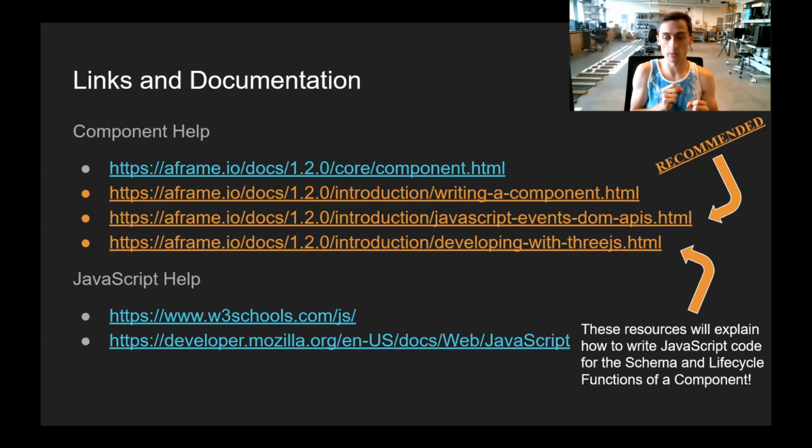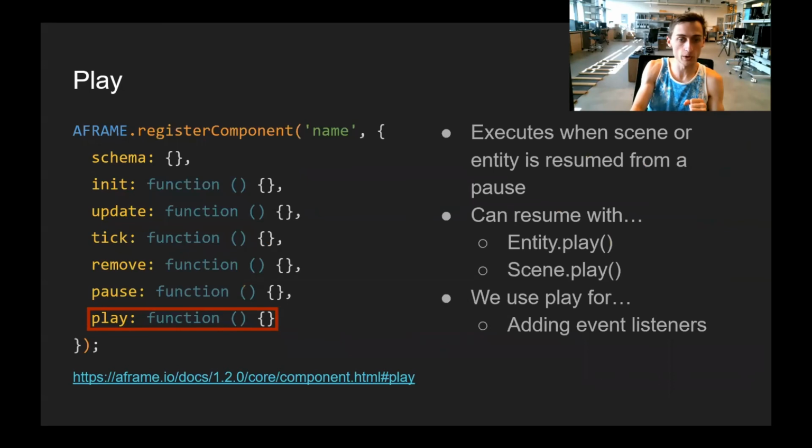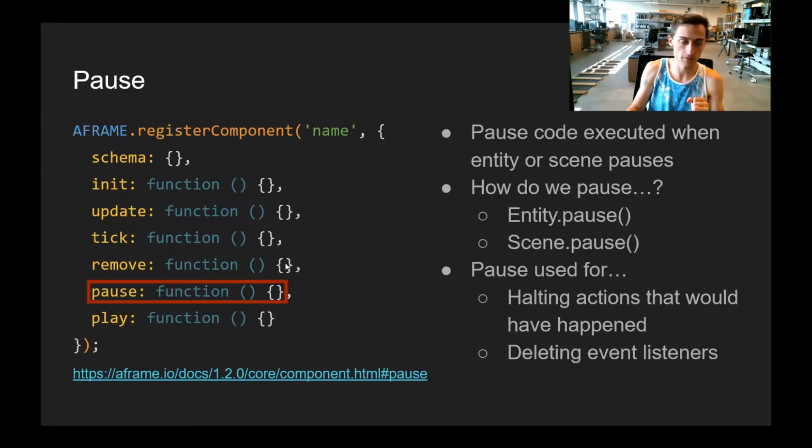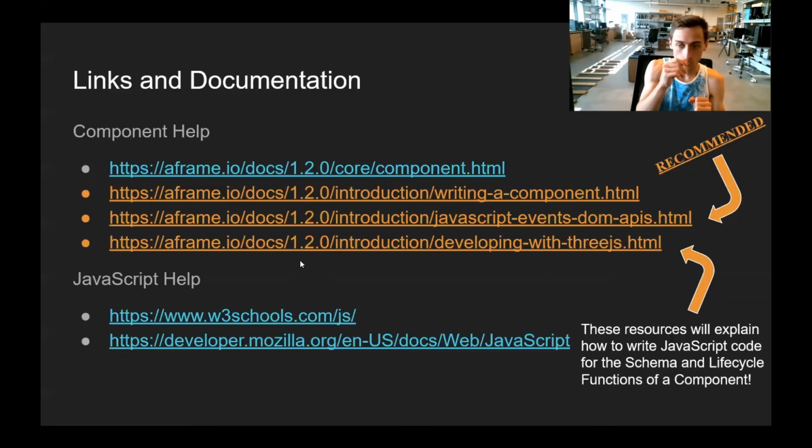These resources will really help you hone your skills with writing the JavaScript for these functions, like what you would actually put within these brackets for the function. It gives you really important keywords, how to access certain elements or parts of the scene, things like that. Obviously, the first one in orange tells you how to write a component.